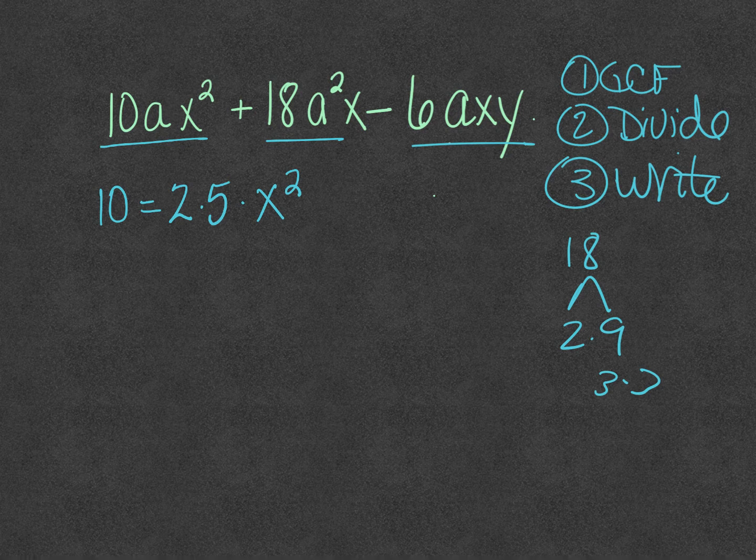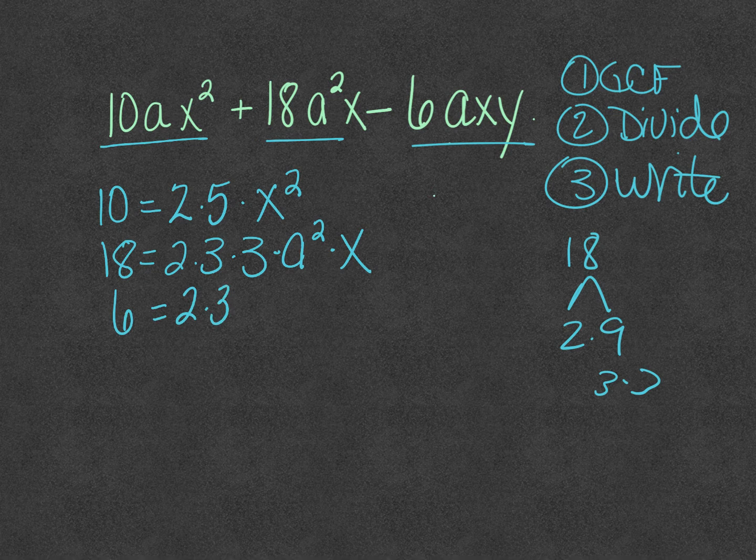So 18 equals 2 times 3 times 3 times a squared times x. Of course, we know 6 is 2 times 3 times a times x times y. Now let's look for our common factors, and we see that they have a 2.